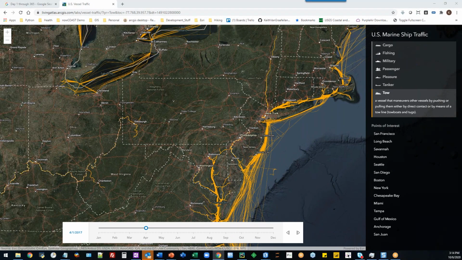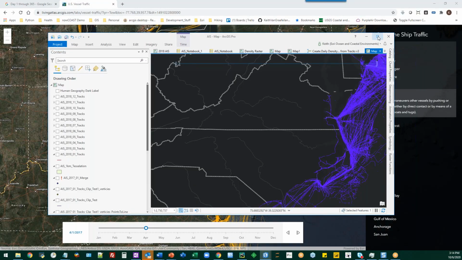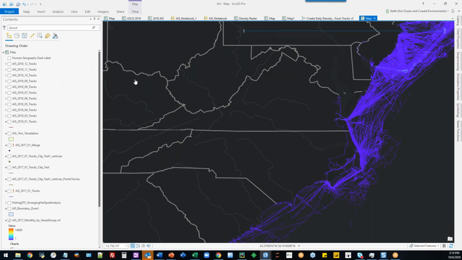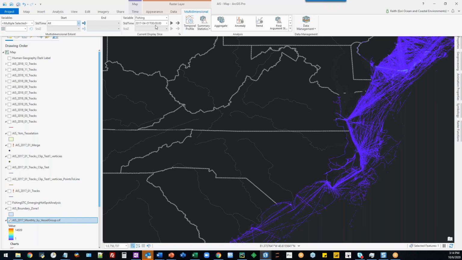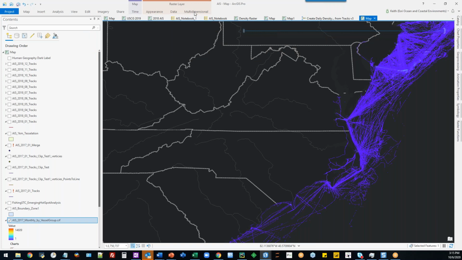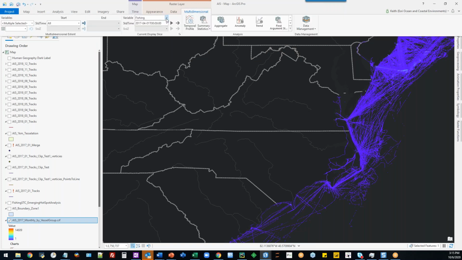Along those lines, we're also going to be offering an image service where you can understand this data and the multidimensional aspects of it. So here, we're looking at the same data set gridded to 1 kilometer resolution, and you can look at the different variables.